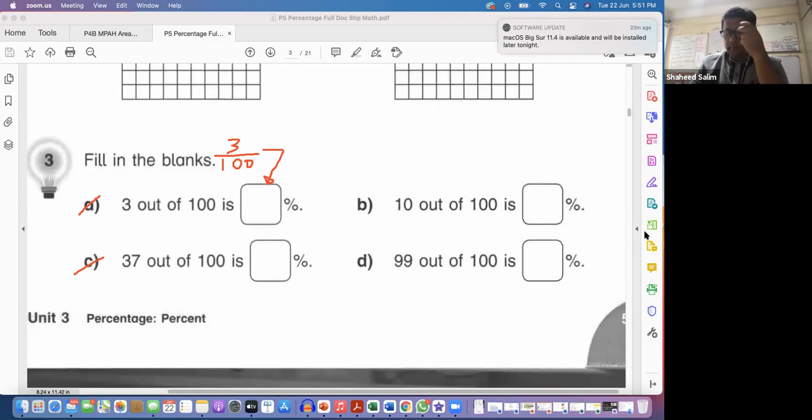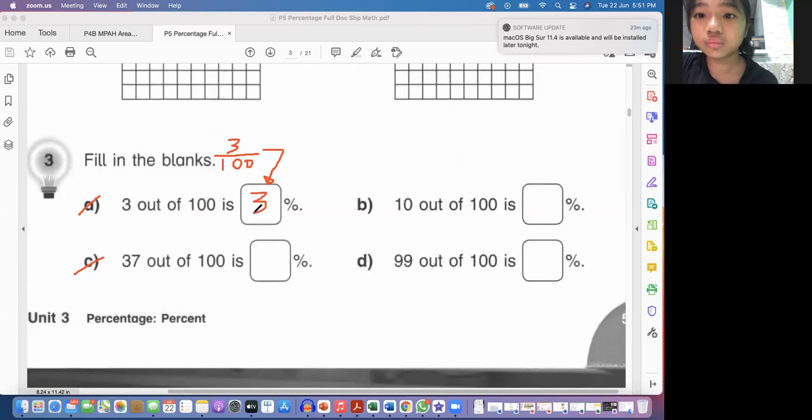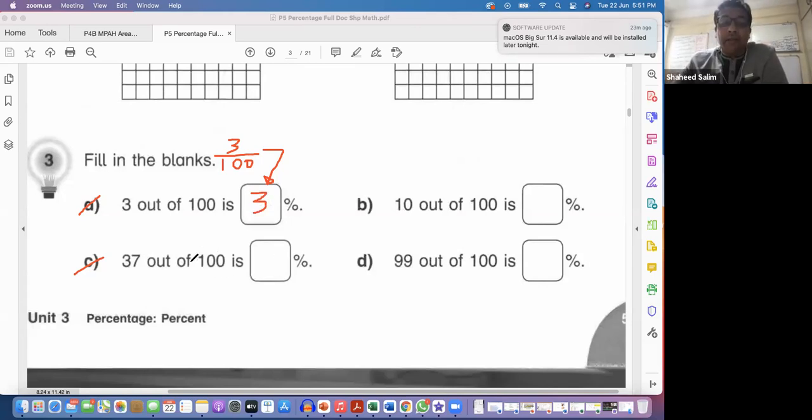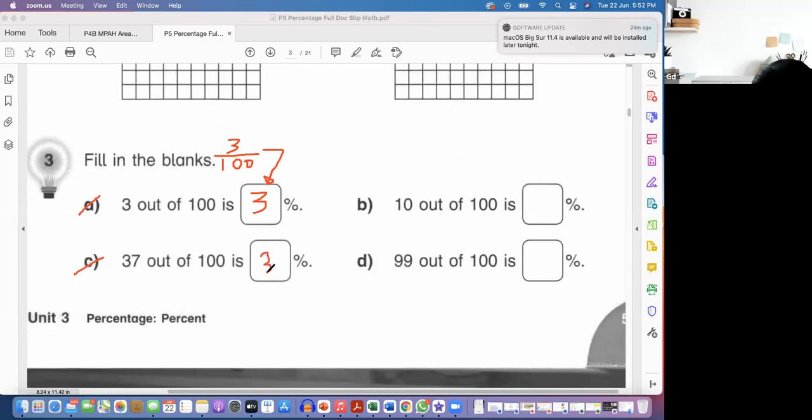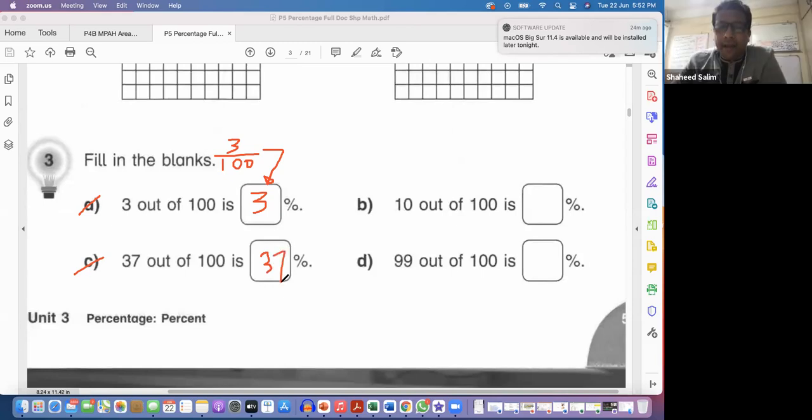Naomi, how many percent do you think this is? 3%. Good. Okay, we ask Shakil now. Shakil, what's the answer for C? 37 out of 100 means 37%. Well done.